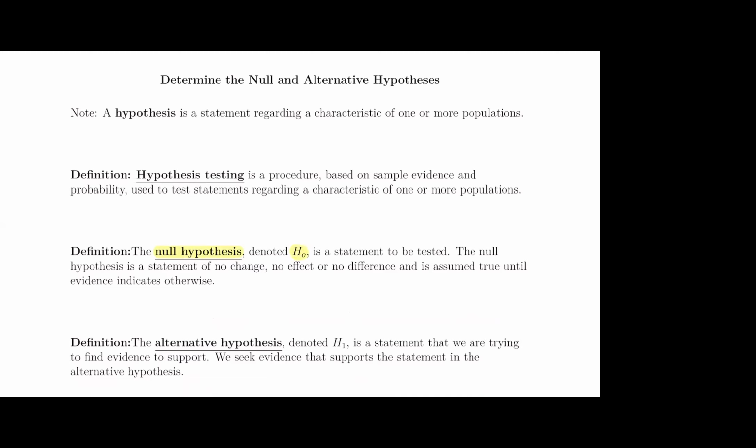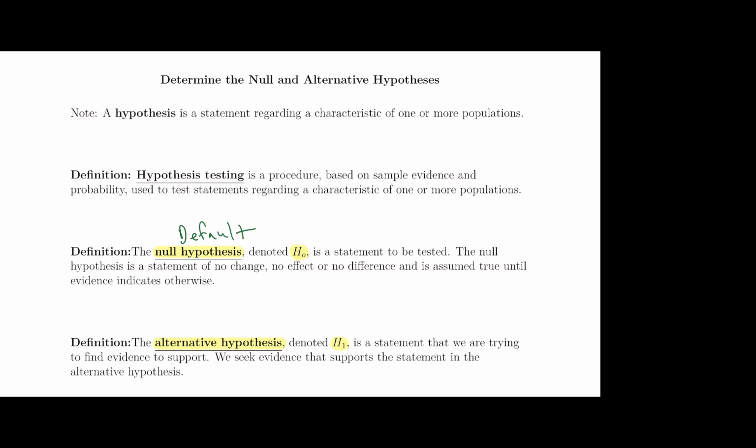We're also going to have the alternate hypothesis, and the alternate hypothesis is H1. So think about the null hypothesis as the default position. Pretty much the null hypothesis is just saying whatever we thought was true is still true.